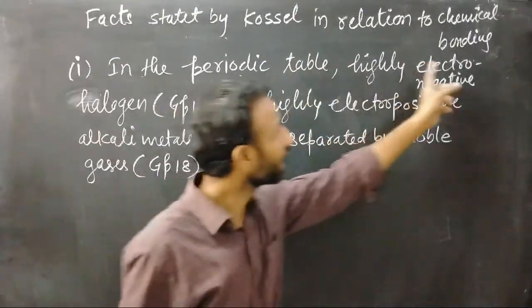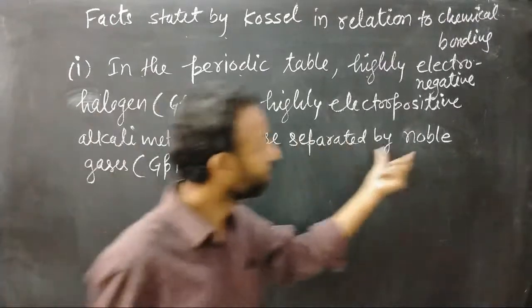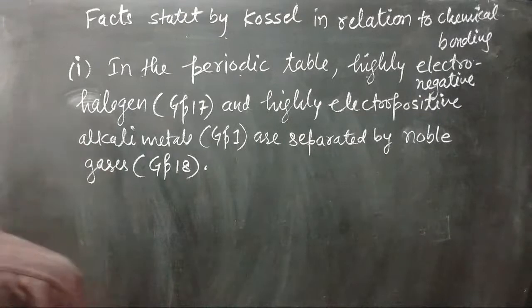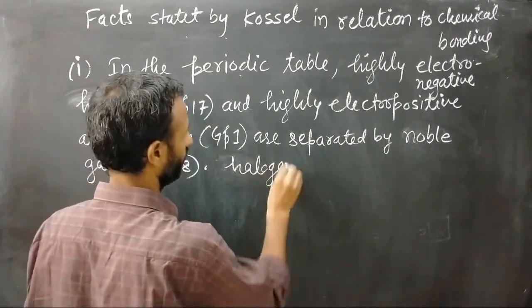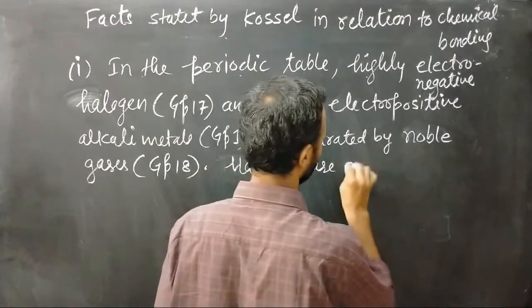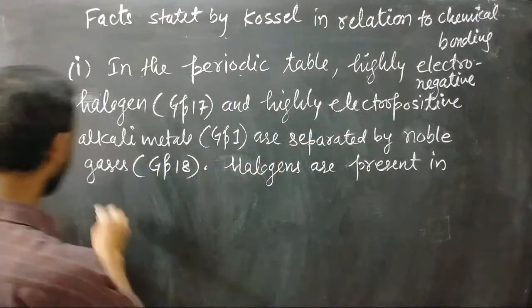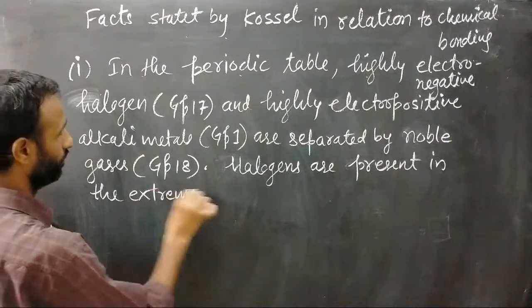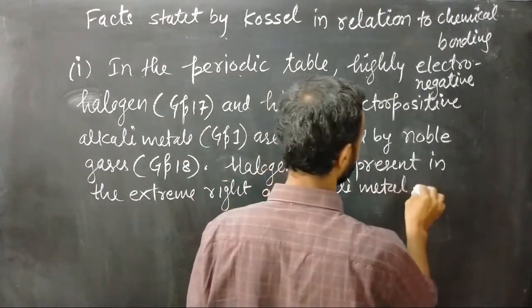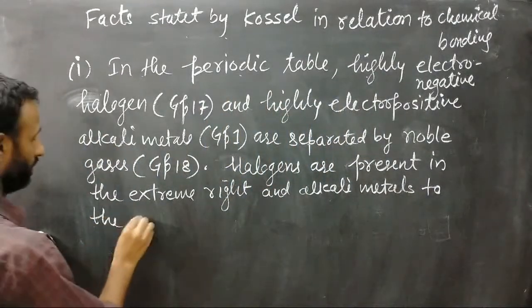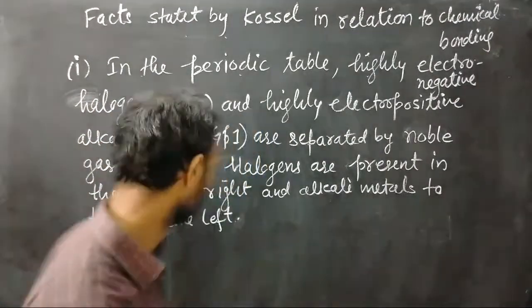Halogens are present in the extreme right and alkali metals in the extreme left, separated by noble gases. Okay, this is the first statement.